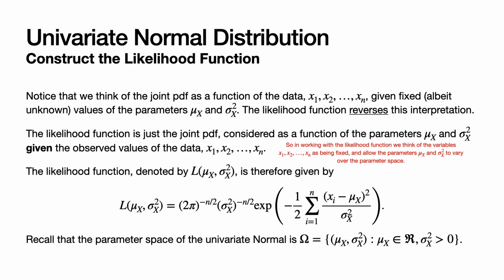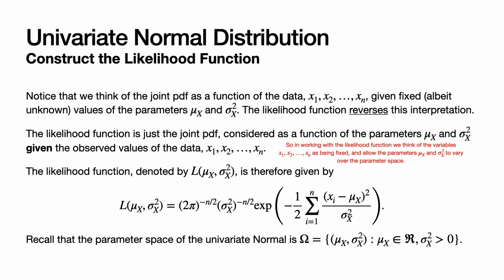So in working with the likelihood function, we think of the variables x1 through xn as being fixed and allow the parameters mu sub x and sigma squared sub x to vary over the parameter space. The expression for the likelihood function is therefore equal to the expression for the joint PDF, and we just consider it to be a function of the two parameters mu sub x and sigma squared sub x.